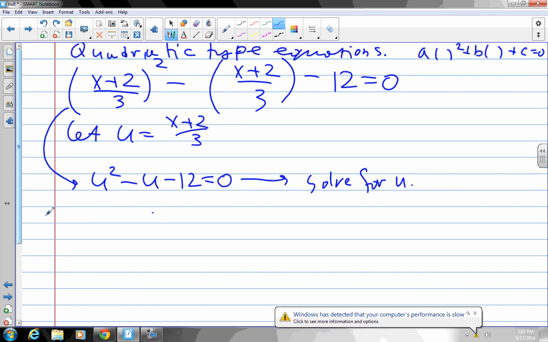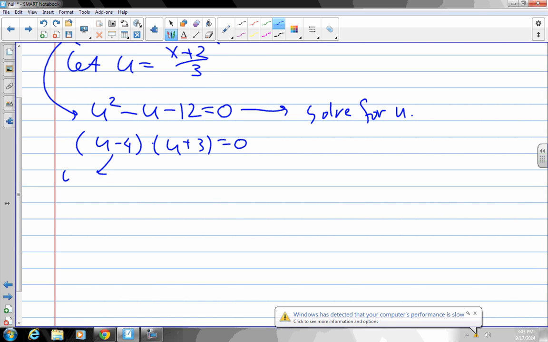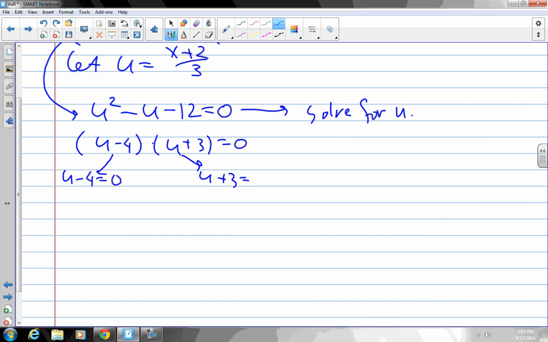How would you factor that? I already heard the answer. Yeah, u minus 4, u plus 3, two numbers that multiply to negative 12 and add to negative 1. We set both of those to 0. That's our zero factor property. So u equals 4, u equals negative 3.